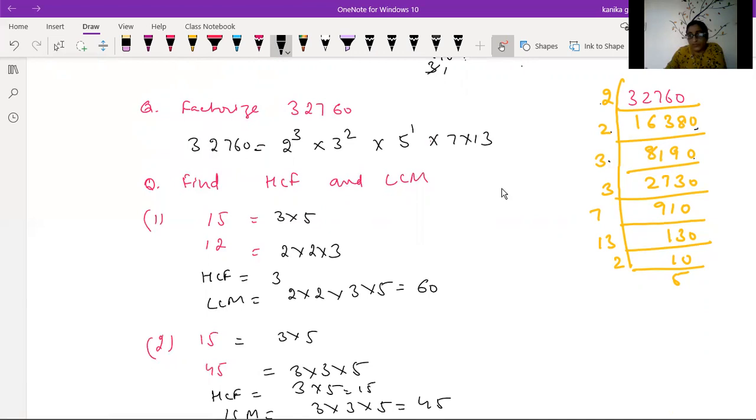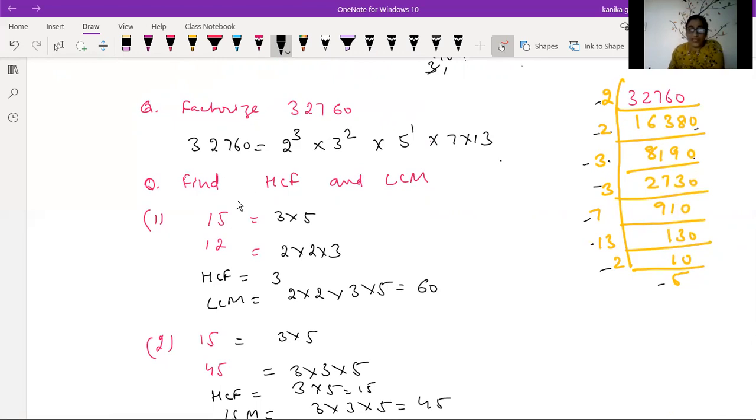So its factorization is: 2 comes 3 times, so 2 raised to power 3, 3 comes 2 times, 5 comes 1 time, 7 comes 1 time, and 13 comes 1 time.